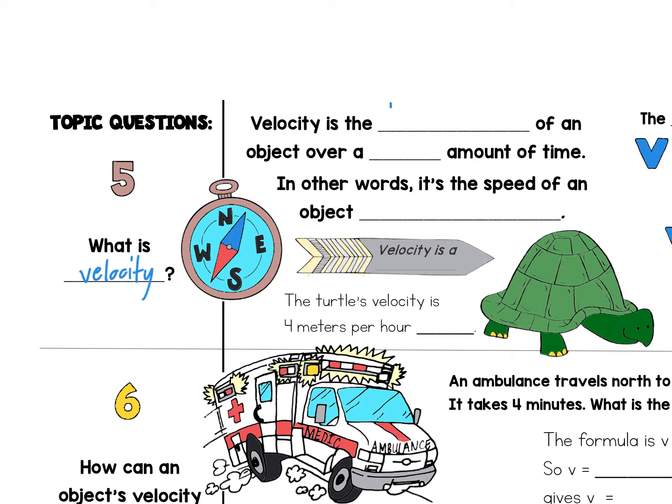Now we will look at topic question number 5. What is velocity? Velocity is the displacement of an object over a given amount of time. In other words, it's the speed of an object with a direction. Therefore, velocity is a vector. The turtle's velocity is 4 meters per hour in the eastern direction.